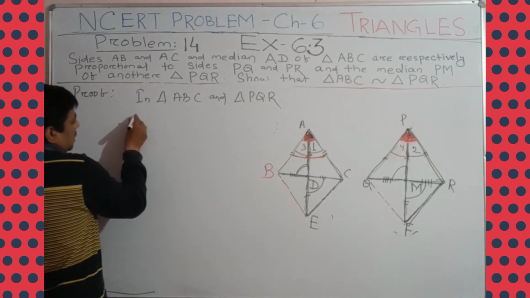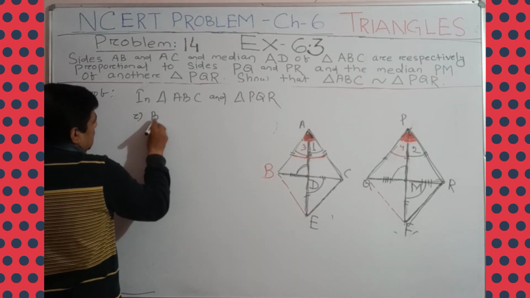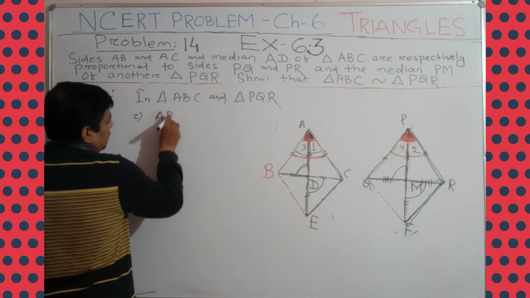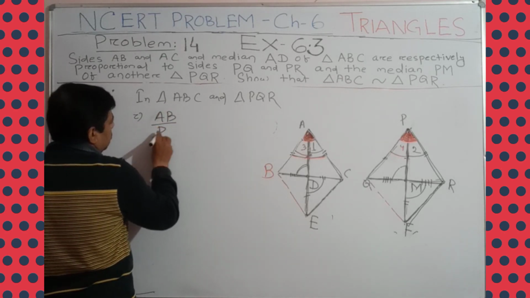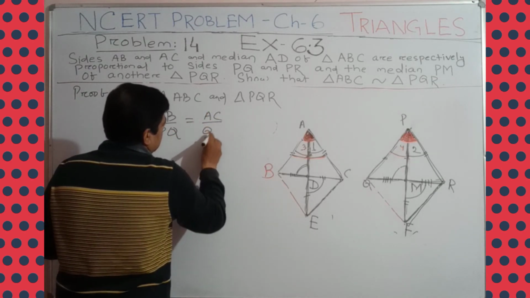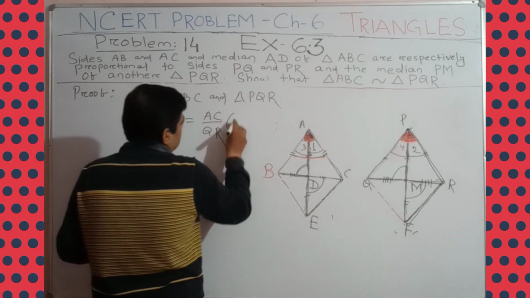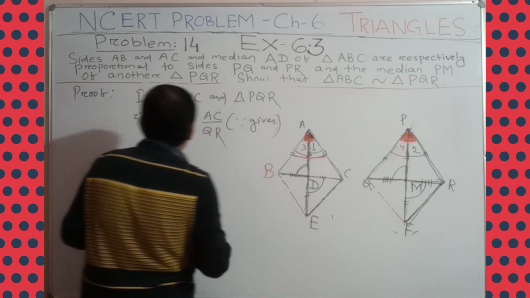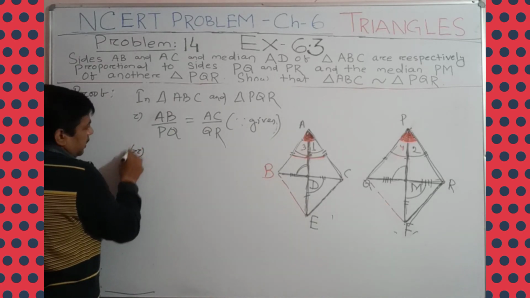First one you see, look at here, what are you finding? AB upon PQ is equal to AC upon PR, it is given. And second point, we already proved it.